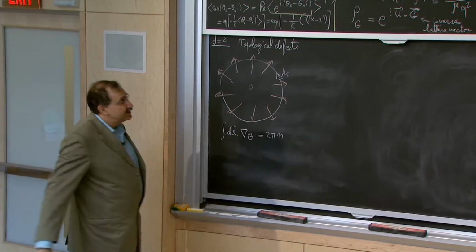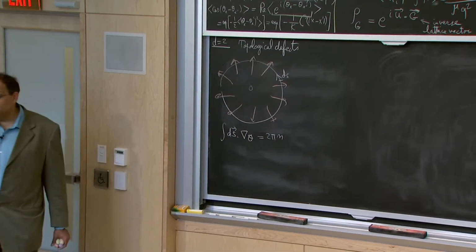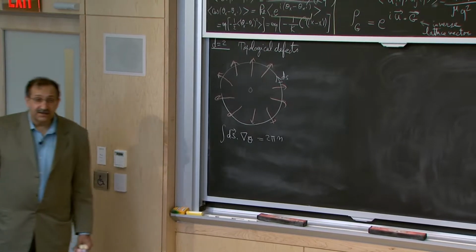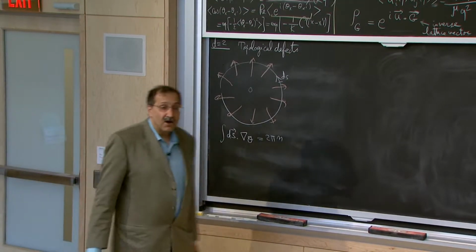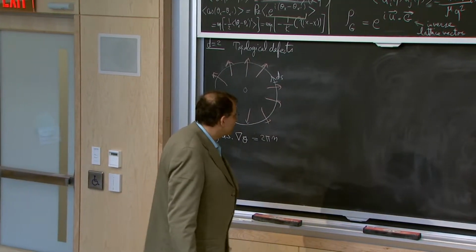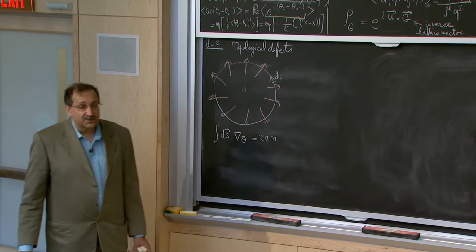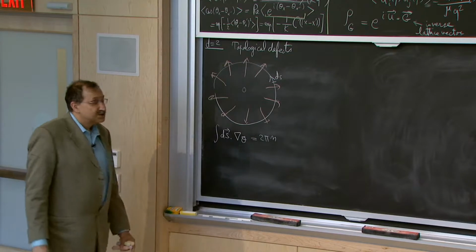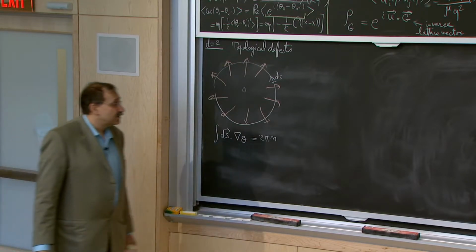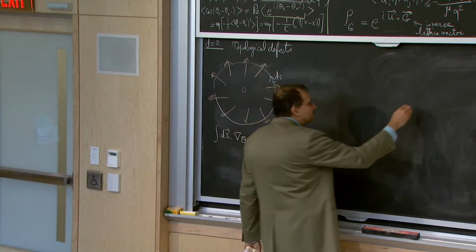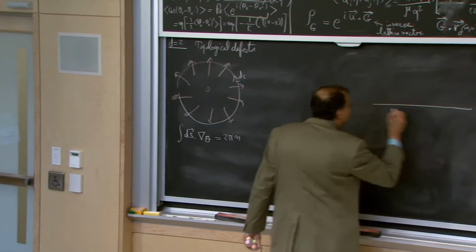And similarly here, we said that the value of u is undefined up to a lattice spacing. That leads to topological defects, which I find very difficult to draw for the triangular lattice, so I'll draw it for the square lattice.